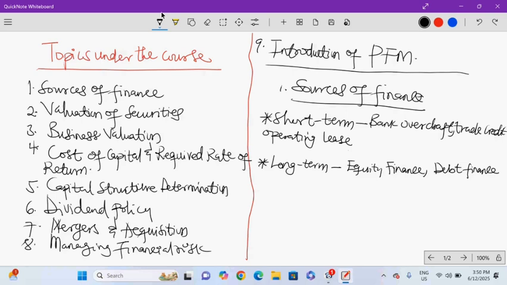Last semester, when we were doing the introductory part, part one of financial management, I think we also discussed debt factoring. Debt factoring can also be a source of finance.